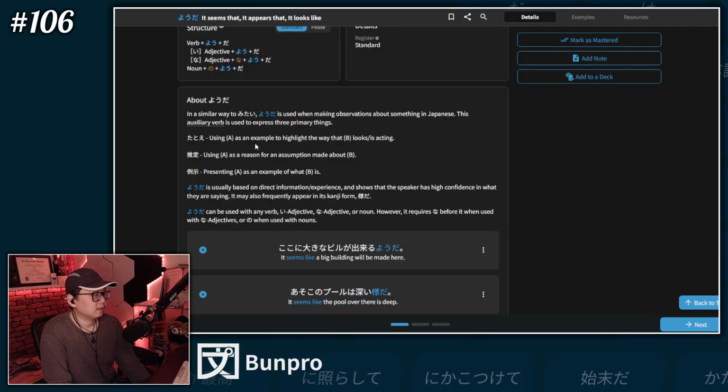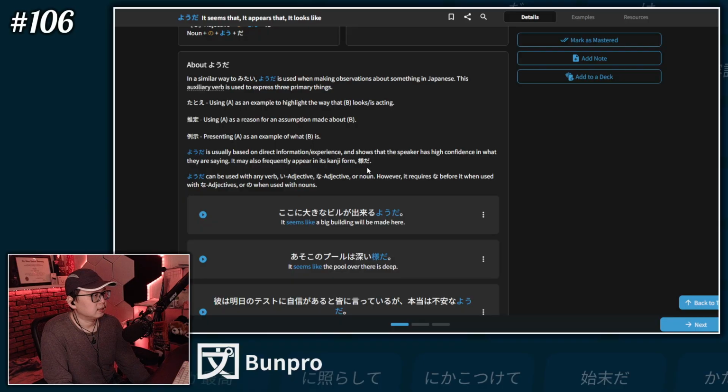Trying to compare and contrast these. And then we have presenting an example of what B is. Reiji, which is an example, to show or present something, representation.